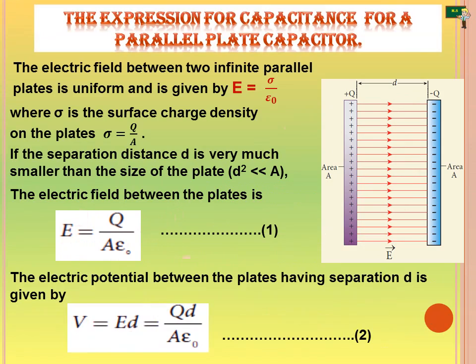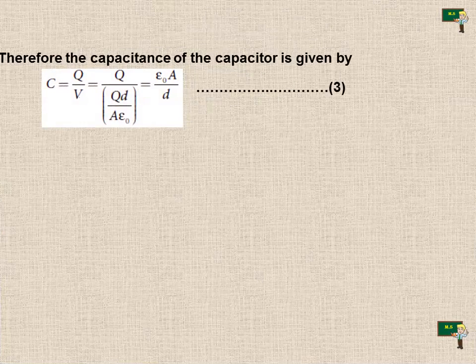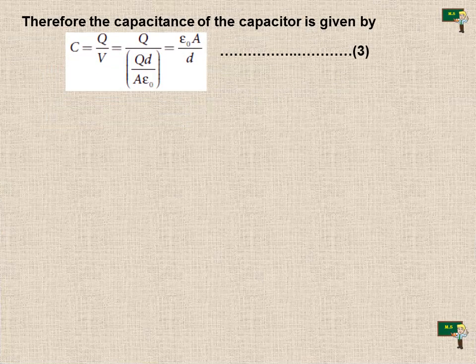Since the electric field is uniform, the capacitance of the capacitor is given by C equal to Q by V. That we all know already, because Q is equal to CV.